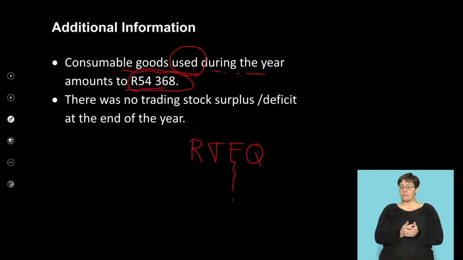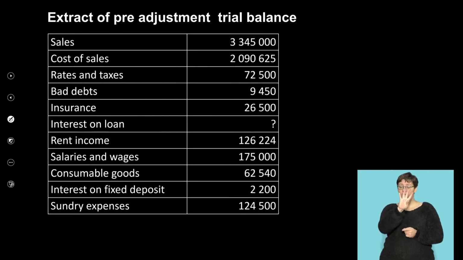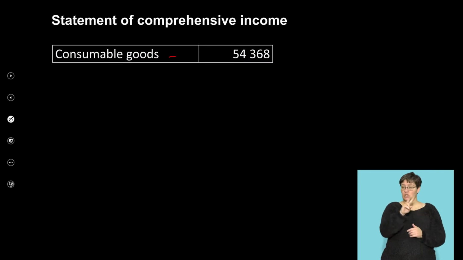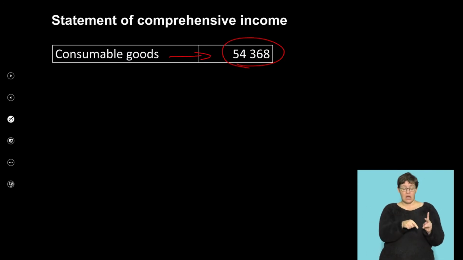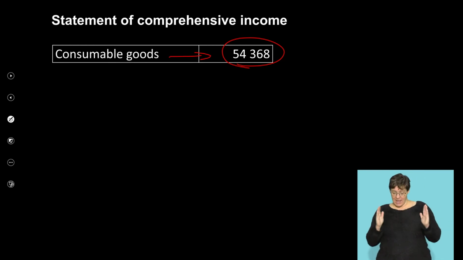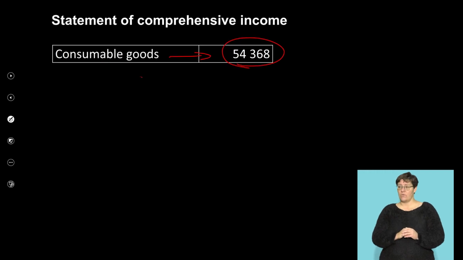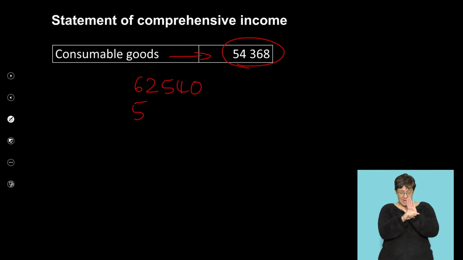If that's the amount that we used, clearly you can see here, here's your consumable goods that you bought, 62,540, but the amount that you used, the moment that figure is given to you, that becomes the final figure for your income statement. Obviously, the difference between what you had purchased, 62,540, minus the 54,368.